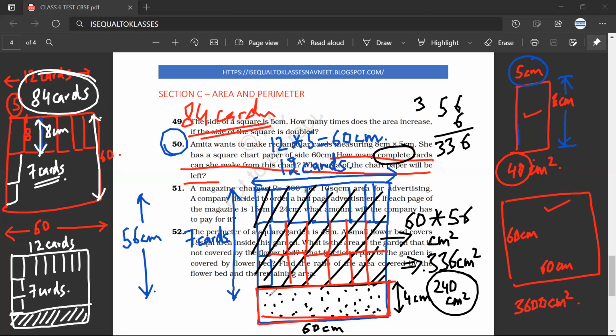If I tear the cards, then I can use 6 cards more. Have you understood? Yes, sir. I can use pieces. I can tear off the cards, and I can put the torn cards here. Is there any doubt still? No, sir.